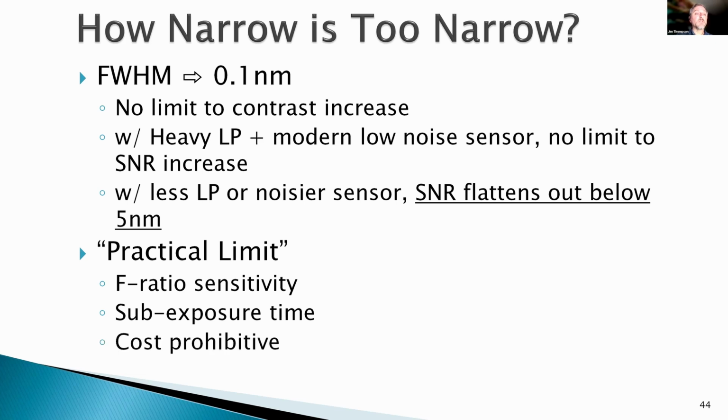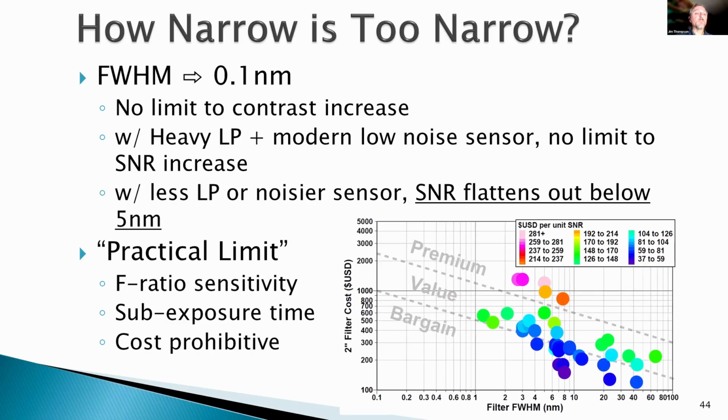The final aspect to consider is cost. To be able to fabricate filters with full width half maximum values below 2 nanometers that are useful to amateur astronomy would be difficult and expensive. Based on the price versus bandwidth relationship of existing commercially available filters, the price expected for a premium quality 2-inch diameter 1 nanometer wide filter should be in the $1,500 to $2,000 range.